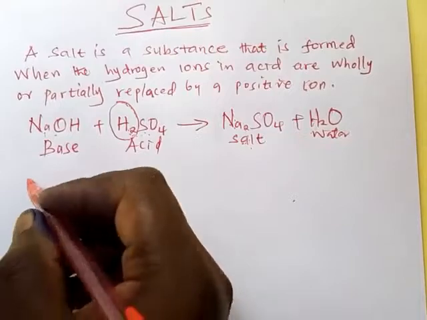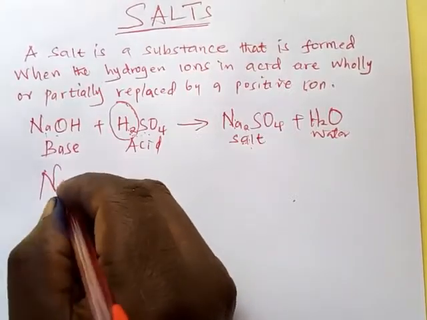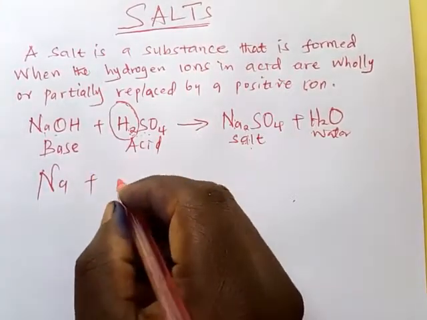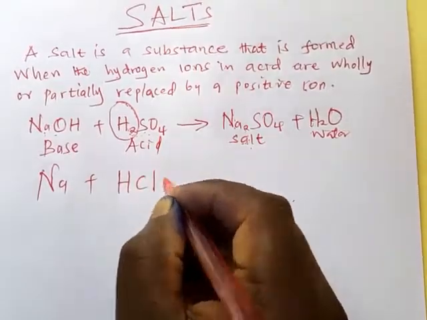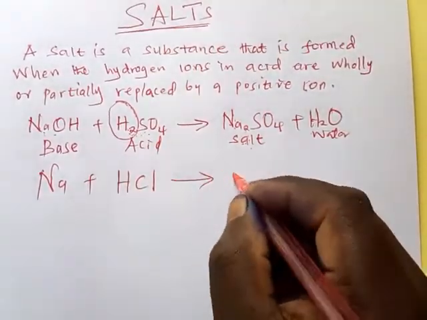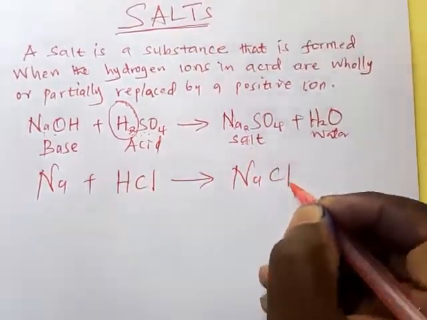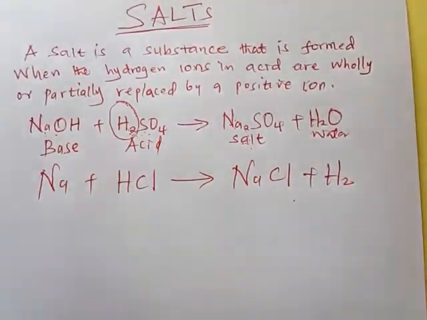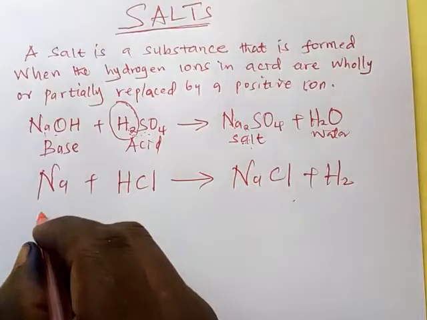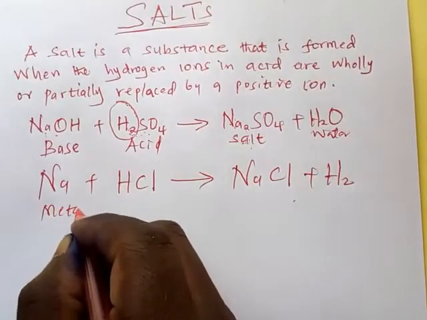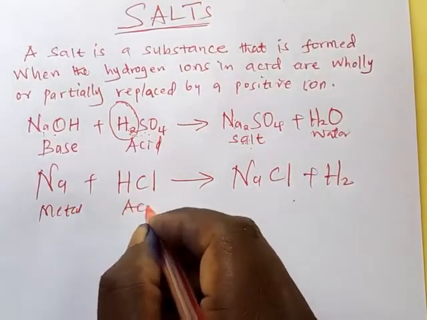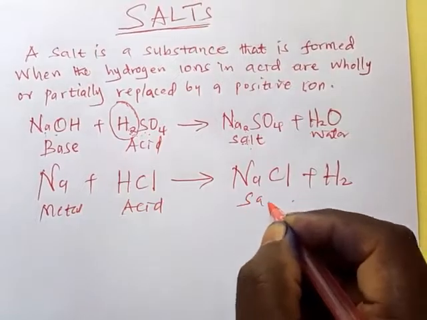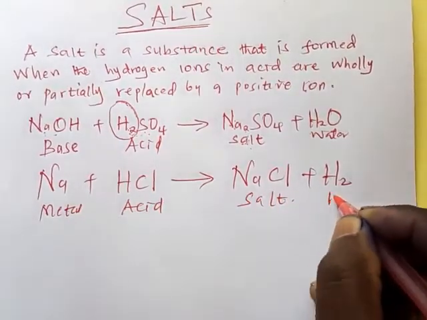Very correct. Take an example of a metal, sodium plus HCl. What do we form? We form sodium chloride and hydrogen gas. This one is a metal, this one is an acid, this one is a salt, and this one is a gas.